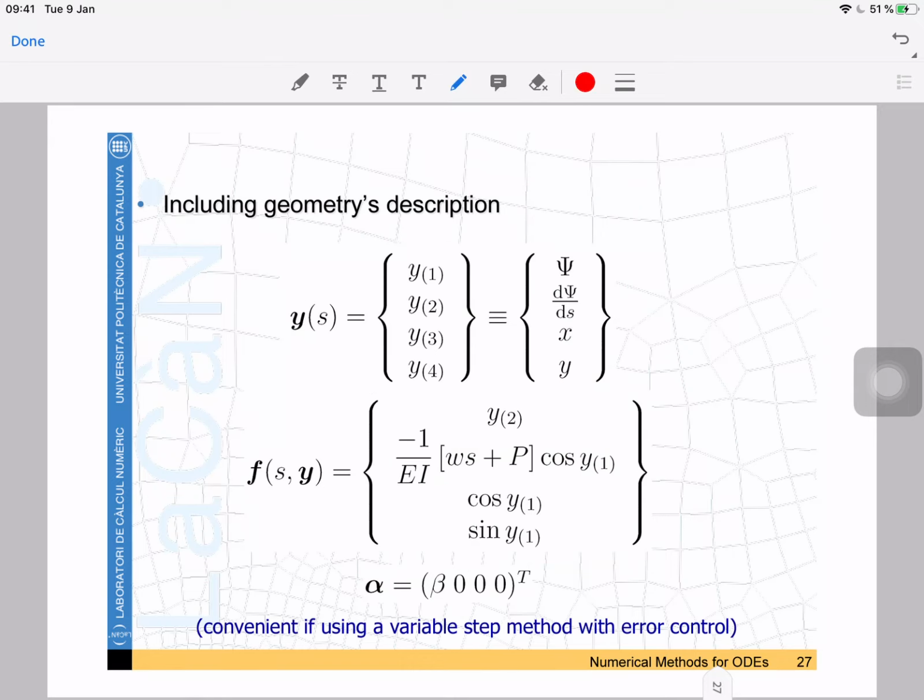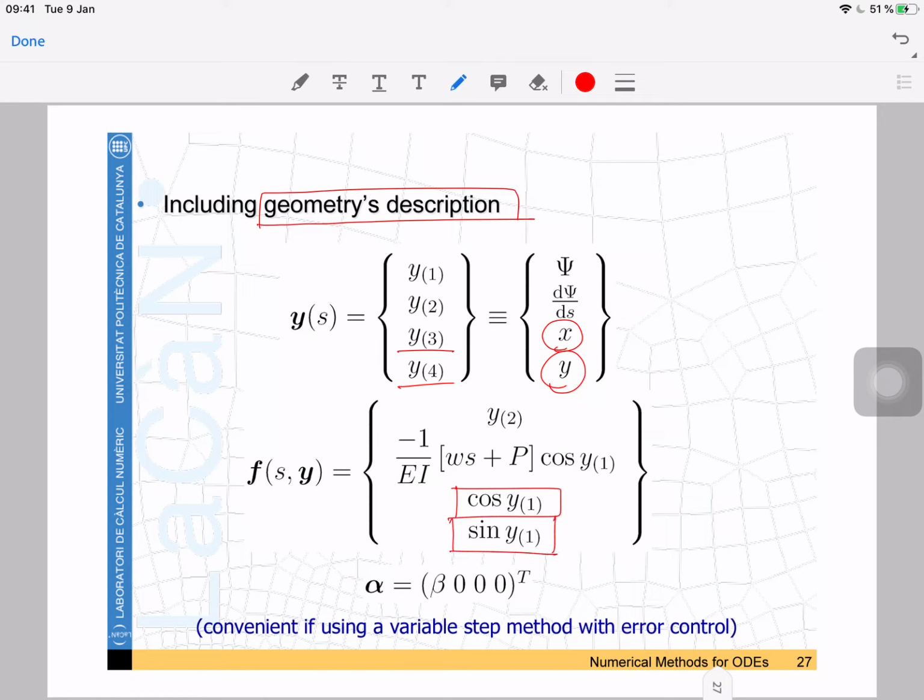If we want to include geometry description in our system, basically we need to add the two first order ODEs that I discussed for x and y into our system, and add two additional components, y3 and y4. So the corresponding terms in the f basically are the cosine and sine.